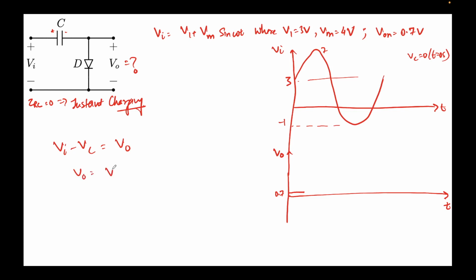So the output voltage will keep on simply following the input voltage minus the component of Vc, and the capacitor can be charged at maximum to this potential, whatever this diode voltage is.